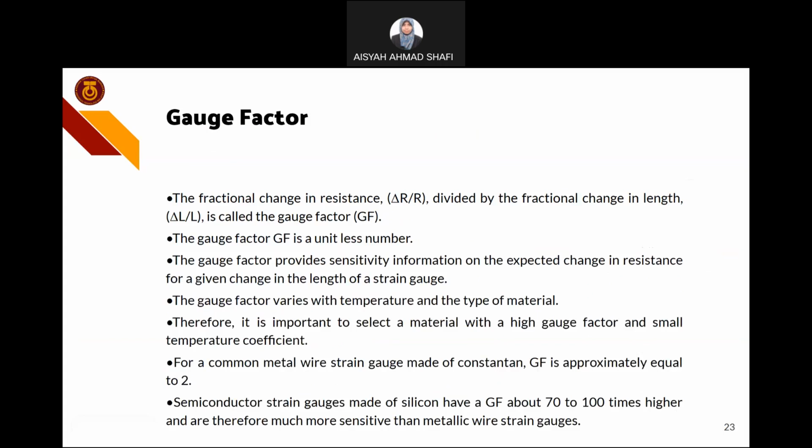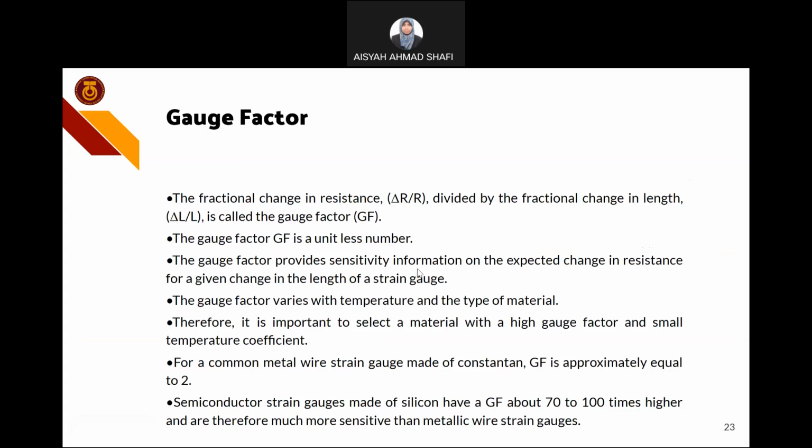So usually the strain gauge is labeled, which means we indicate the strain gauge sensor by gauge factor. Gauge factor provides sensitivity information.